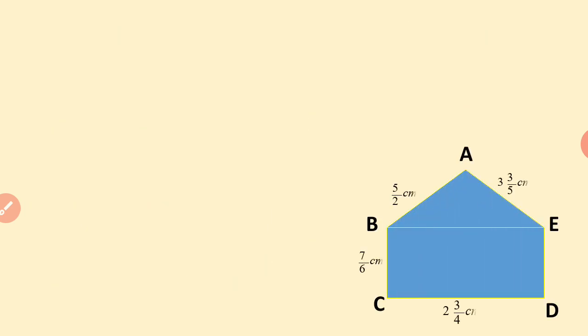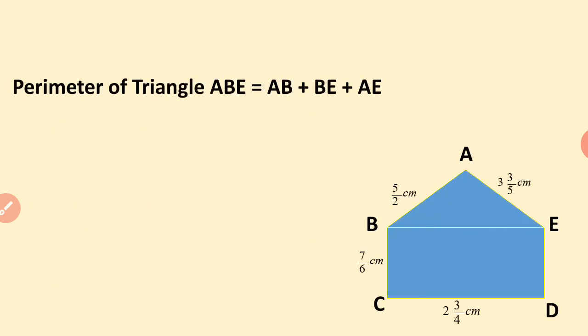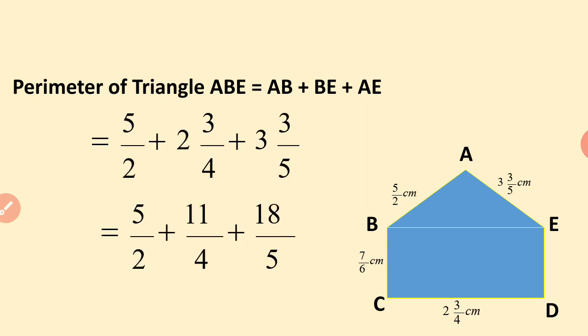Now we have to find out the perimeter of the triangle. Here the perimeter of the triangle will be the sum of all the three sides, which is AB plus BE plus AE. So add all the three numbers.